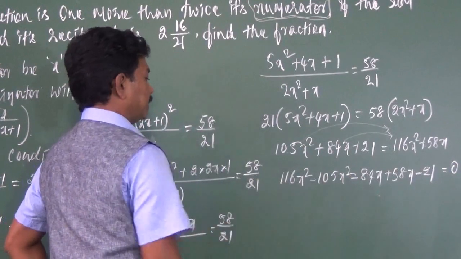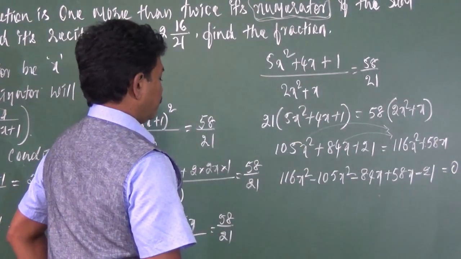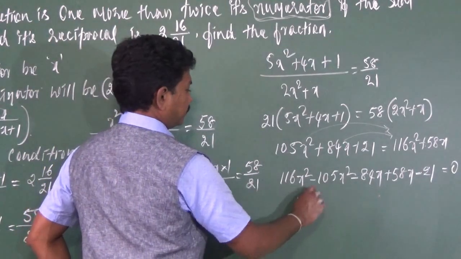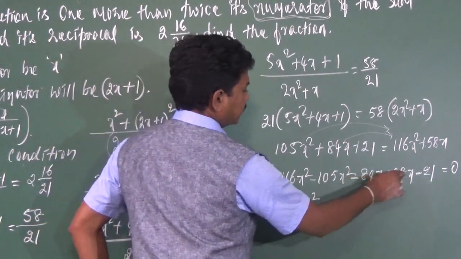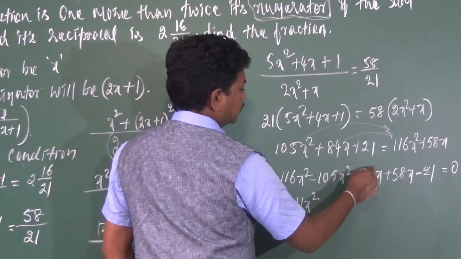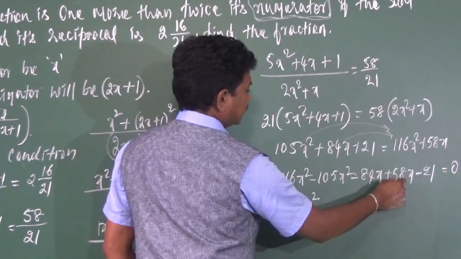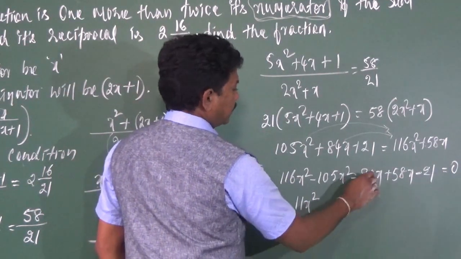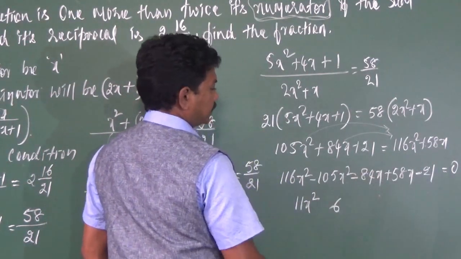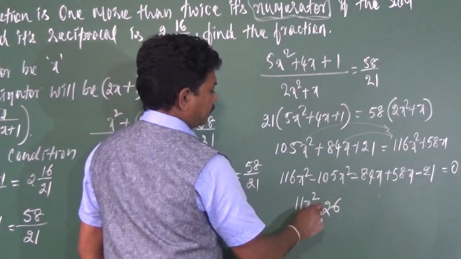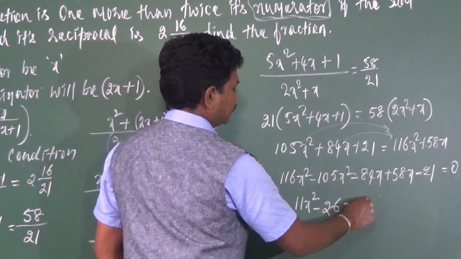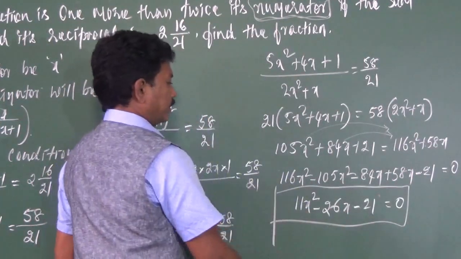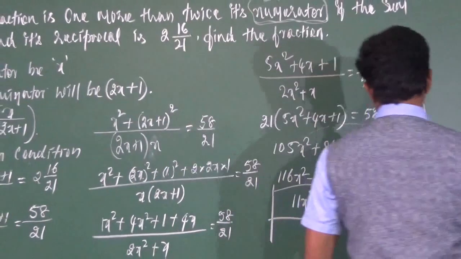So 116 minus 105 comes to 11x square, minus 84x plus 58x is minus 26x, minus 21 is equal to 0. So this is the required quadratic equation.